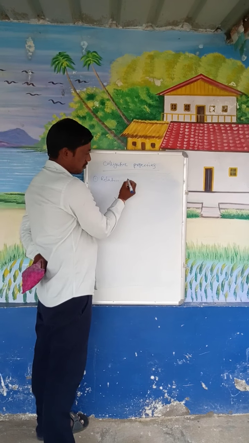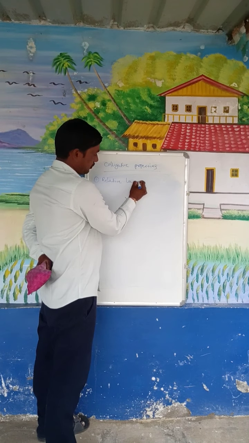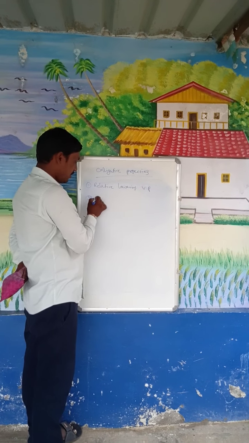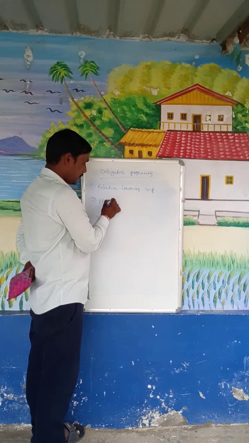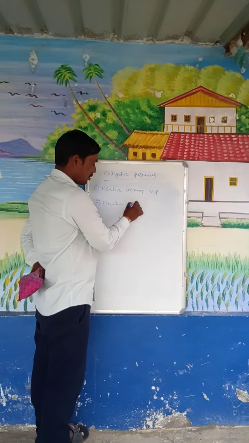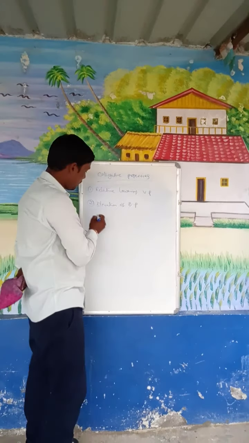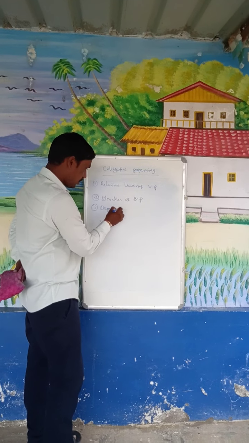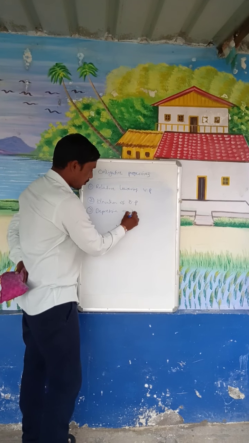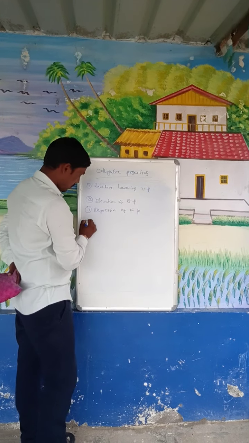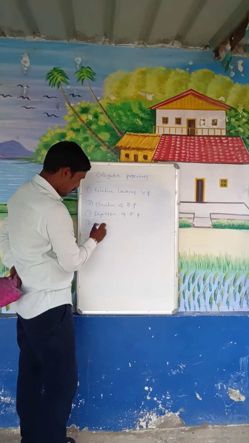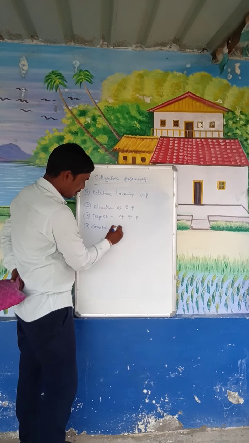Some important colligative properties are: first, relative lowering of vapor pressure; second, elevation of boiling point; third, depression of freezing point; and fourth, osmotic pressure.